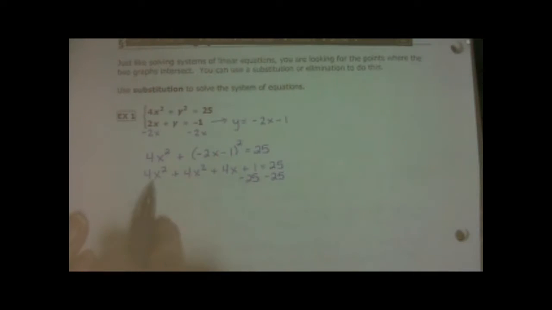And I'm going to combine these, and I'll have 8x squared plus 4x minus 24 equals 0. And now I actually need to factor this. Always look for the easiest thing first, GCF. Let's take a 4 out of this so it's not so big.